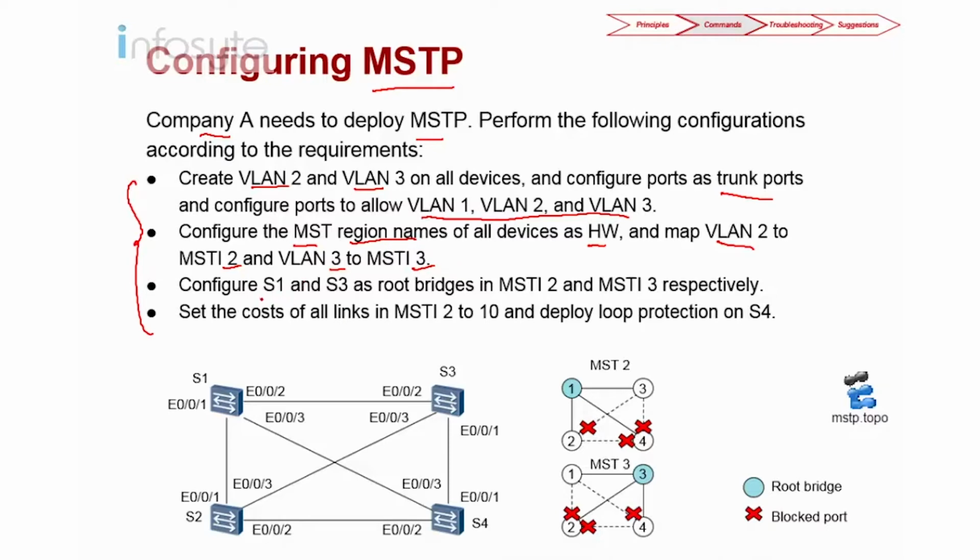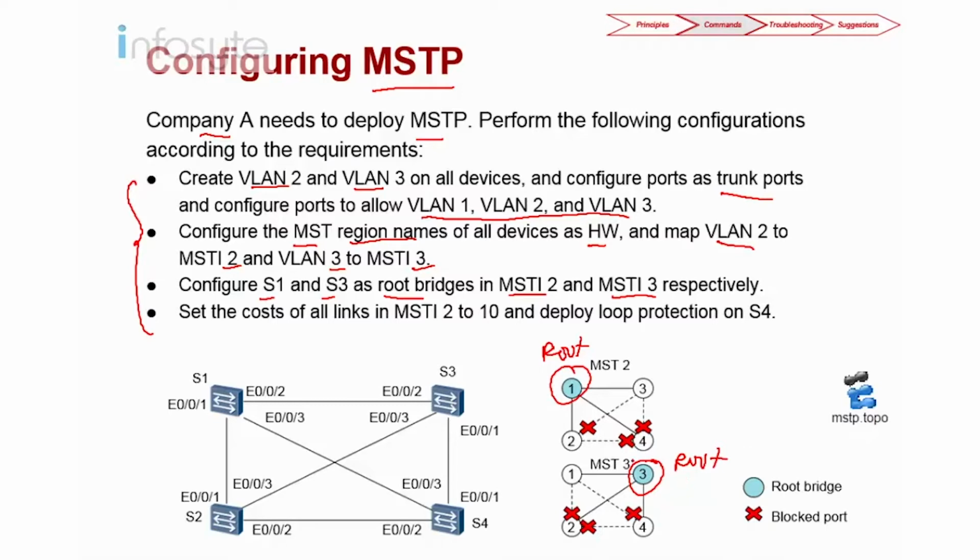Then we are going to configure S1 and S3 as the root bridges. For instance number 2, switch 1 will become the root, and for instance number 3, switch number 3 is the root.